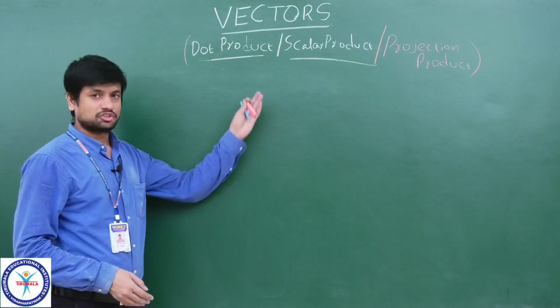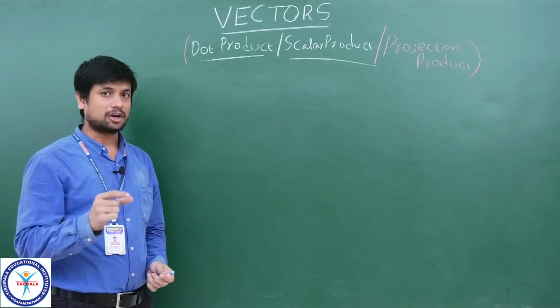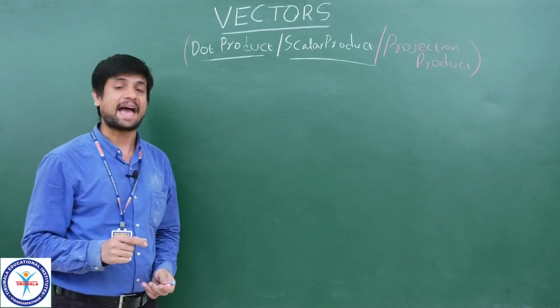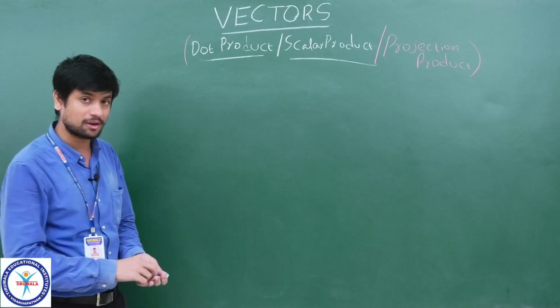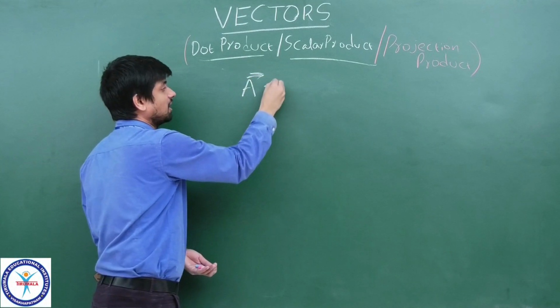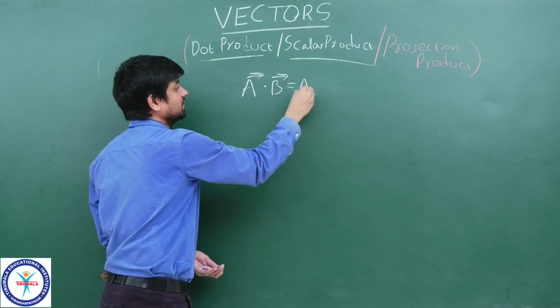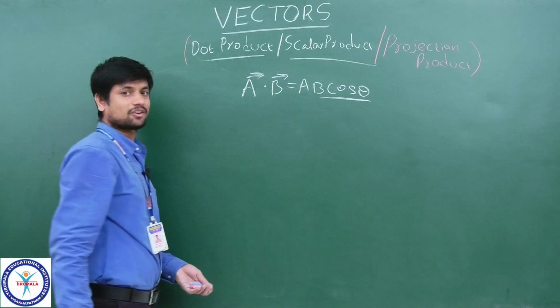See, children. By using this dot product, what is the application? By using the dot product, we can know the angle between two vectors. What is the formula we have learnt till now? A bar dot B bar equal to AB cos theta. Look at that cos theta.